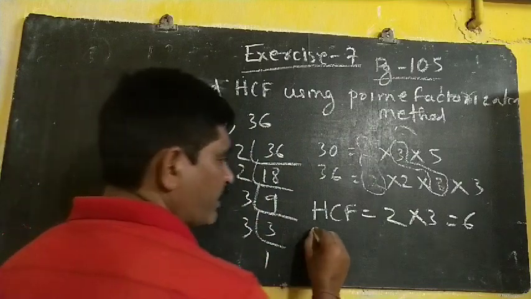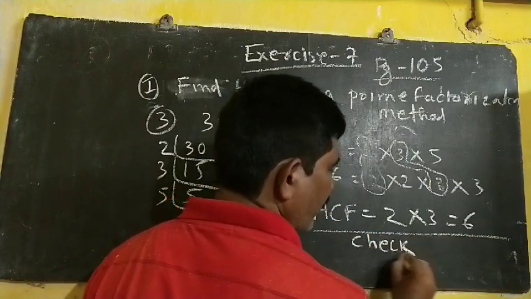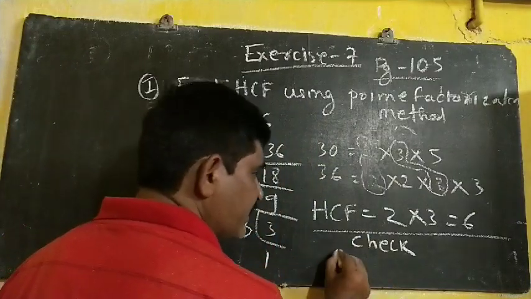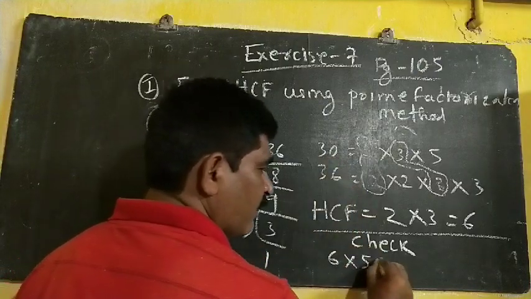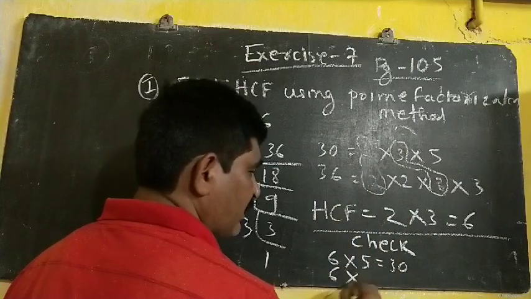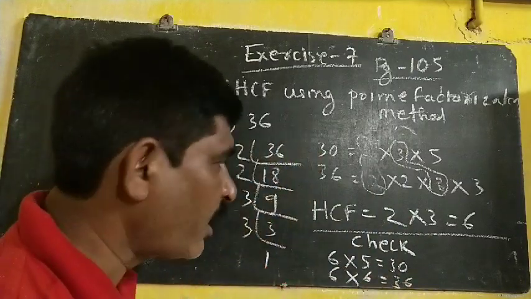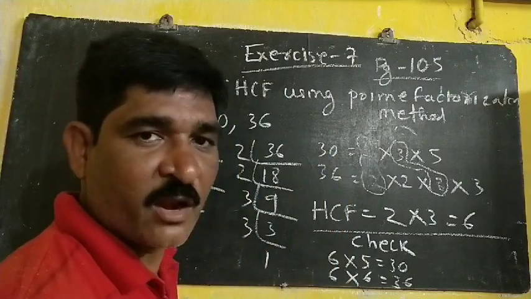Okay. But how can we check this? In LCM also I told you about checking. How can you check whether you are correct or not? Look at the 6 table, 30 is there. In the 6 table, 6 fives are 30, and in the 6 table, 36 is also there. So HCF means what? It is the highest table where both numbers are present. Clear?